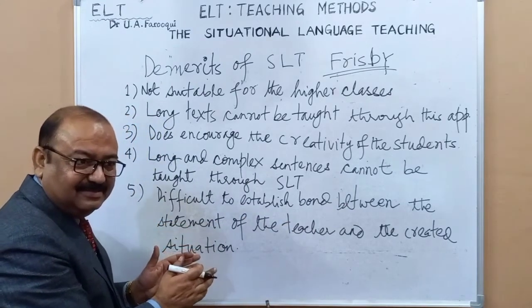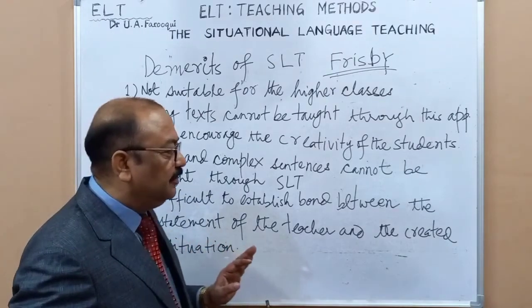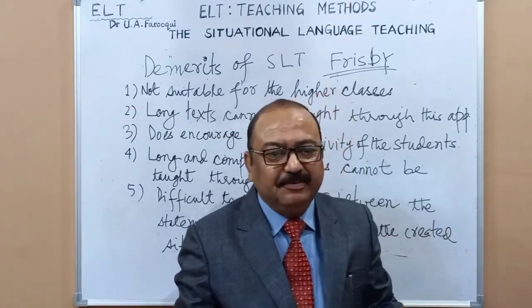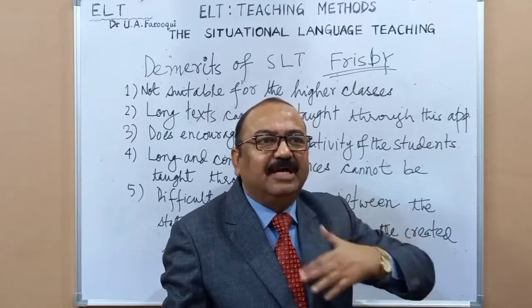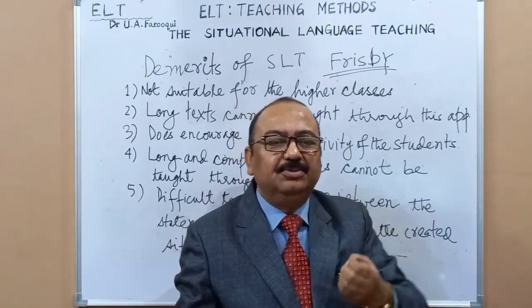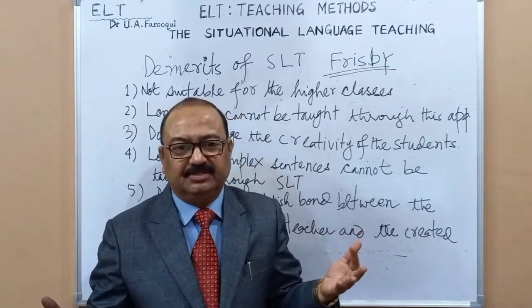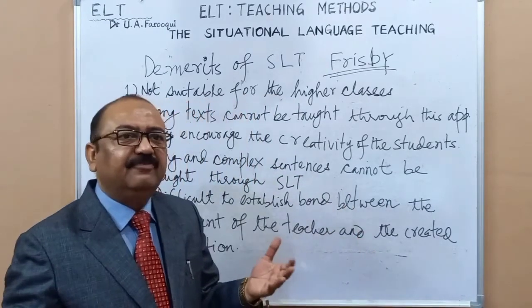This happens. This is very natural. This may happen with any teacher, even with smart teachers. They may face this problem. So sometimes it becomes difficult to relate the statement of the teacher with the created situation. Is it okay? So this is again a valid flaw.